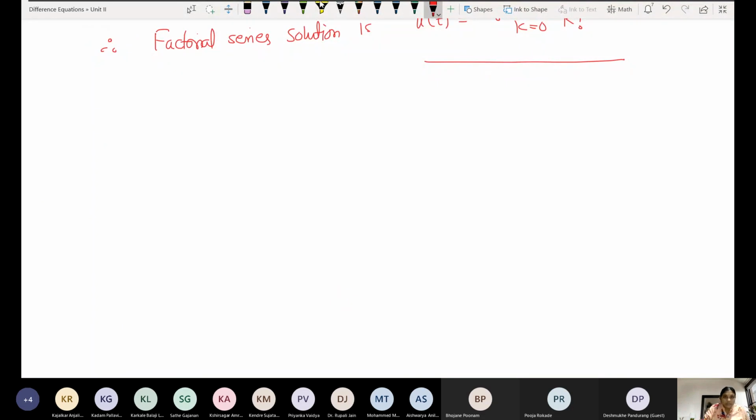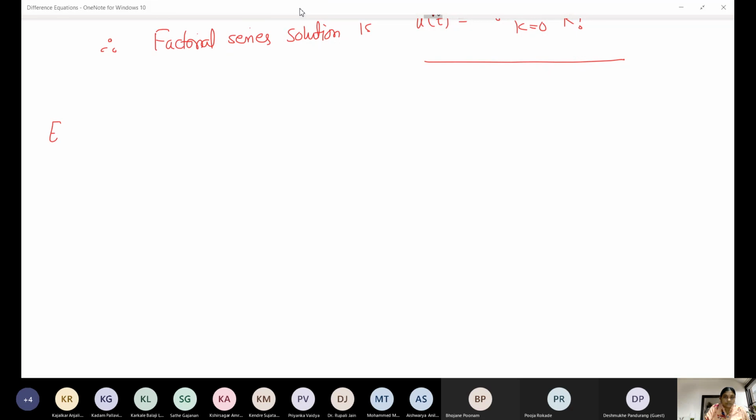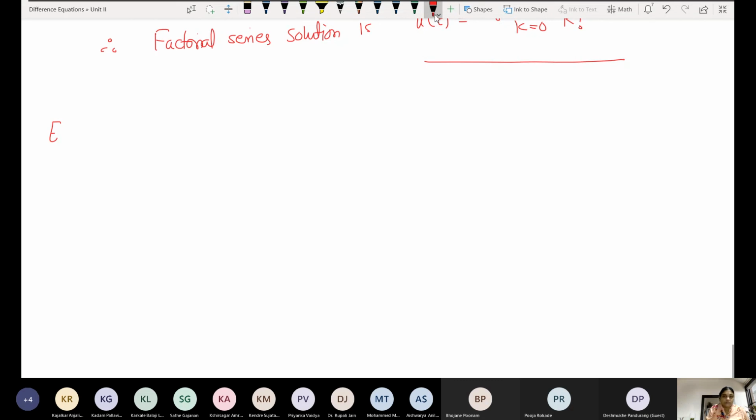Again, one exercise you can take here, exercise 3.94, page number 119.